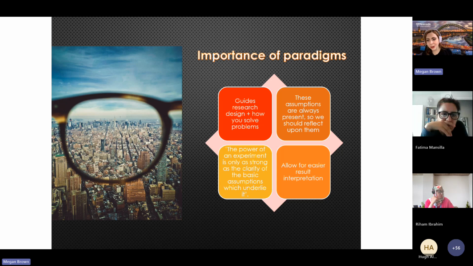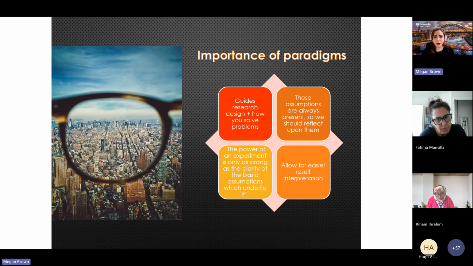Actually, that's a specific way that we are seeing the world and are seeing how we can work out what something means or what something is. So we always have these assumptions, so we should reflect on them and make them clear to other people, because that helps a reader understand our work, where we're coming from, and make sense of it within their own context.